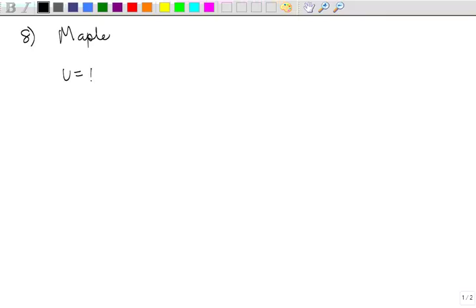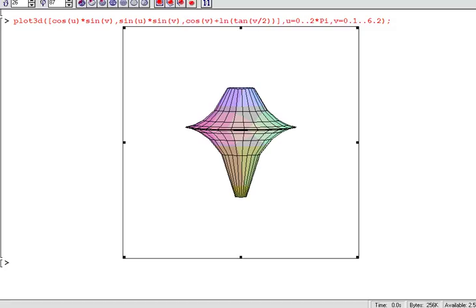When u is constant, we get the vertical grid curves. So let me go back to Maple. And if you can see my arrow, we get these right here. The vertical, the ones that go up and down. So they look like half parabolas, or hyperbolas actually.